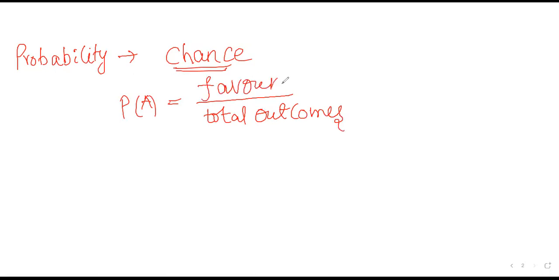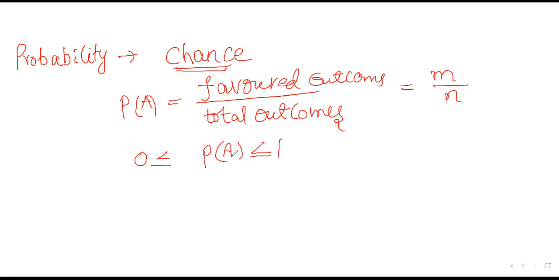So P of A is equal to, let's say, M by N. There are N total outcomes, and the favorable outcomes are M. The probability of an event is always between 0 and 1. This is the most important thing. If any probability is greater than 1, then it is called an impossible event.